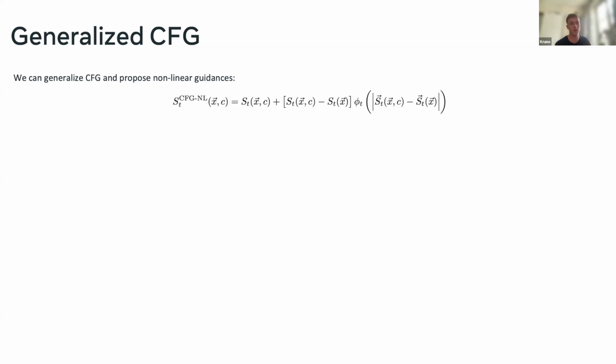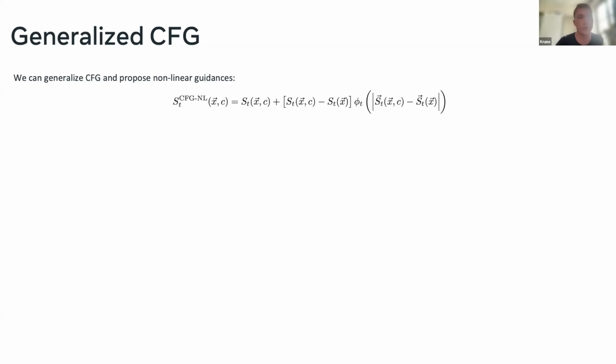There are many different reasons for this disconnect between theory and practice, and I'd love to get more into them by the end of my presentation if we still have time. But basically we asked ourselves, can we construct guidances that keep all the theoretical assumptions valid, but perform better in practice?